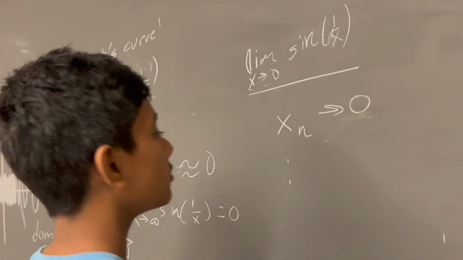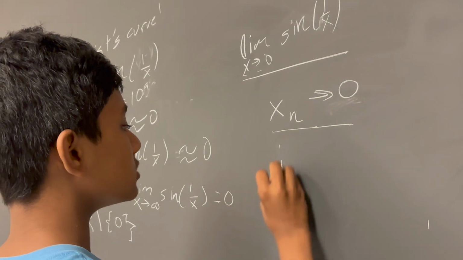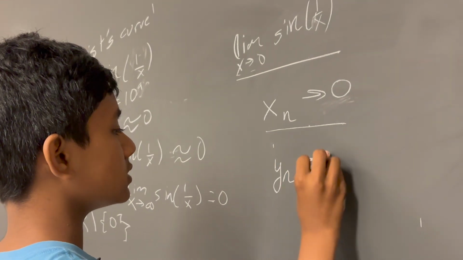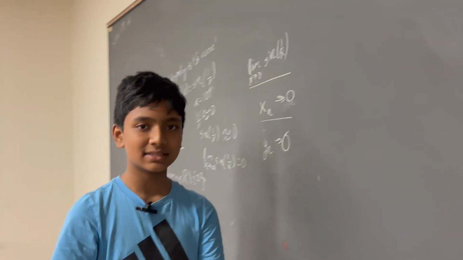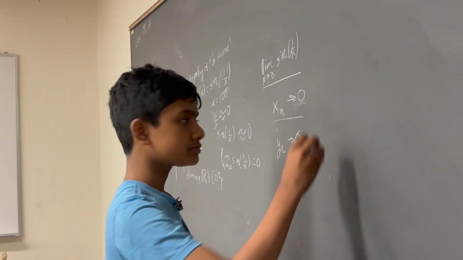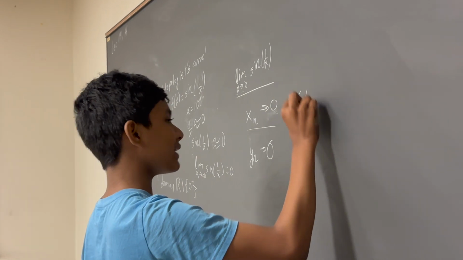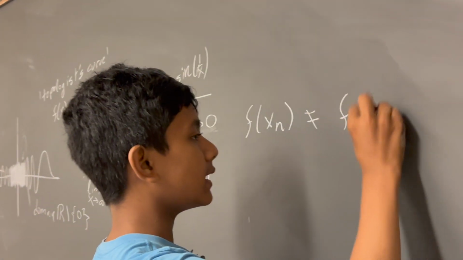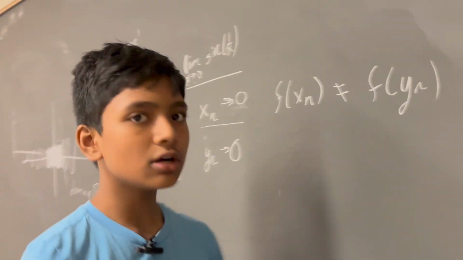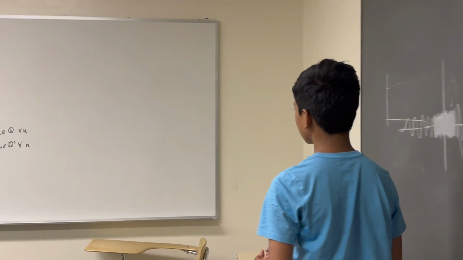So, we've got xn approaches 0 and yn approaches 0. So now, what could xn and yn be to mess this up? Well, we want f of xn to not be equal to f of yn as n approaches infinity. So we can try the same trick we did last time.